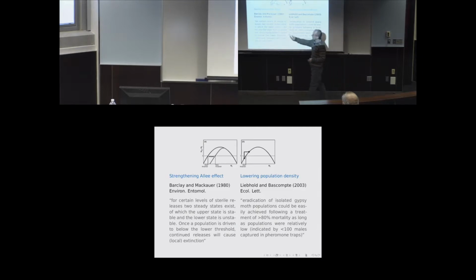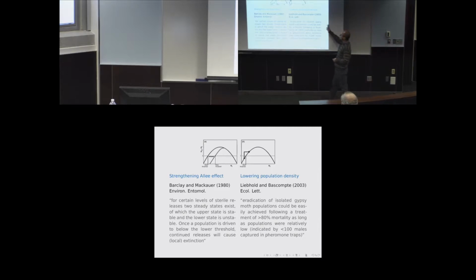Because this work was published in some not very influential journal, it was buried for some time, at least for the community which is not specialized in SIT. It took about 20 years for people to realize that exploitation of Allee effects is not just a fairy tale and it's possible.